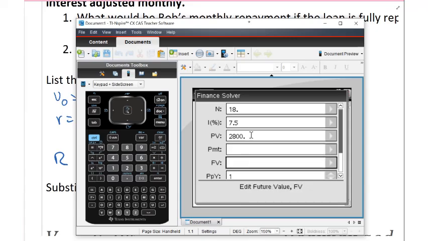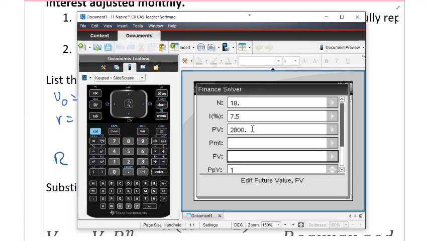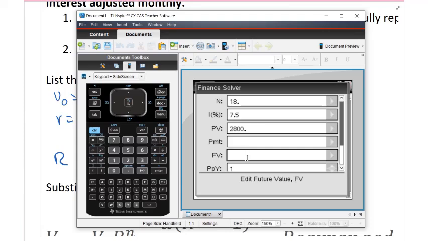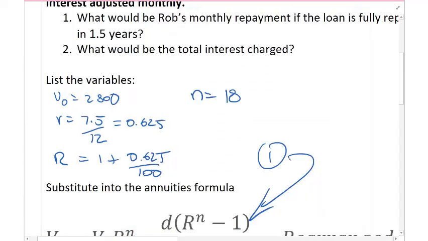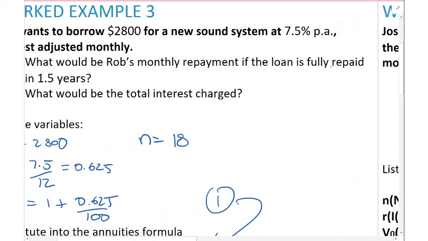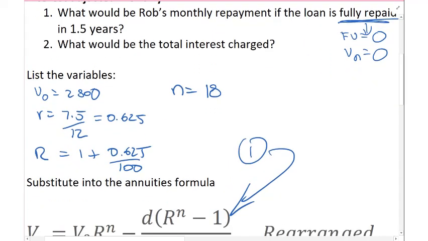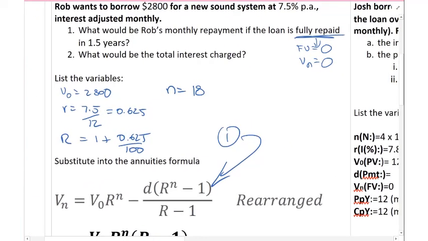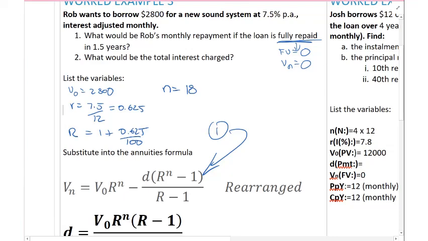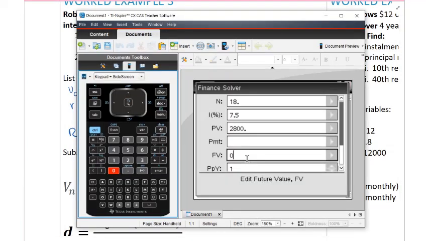Our final value is, we want that fully repaid, which means final value is 0. Fully paid means final value equals 0, or Vn in terms of the equation equals 0. That's what fully repaid means. Okay, so again, I could use that formula, or I could calculate it like this.